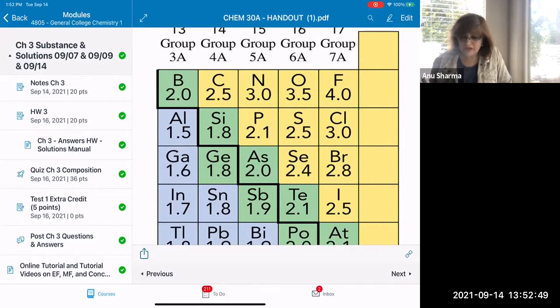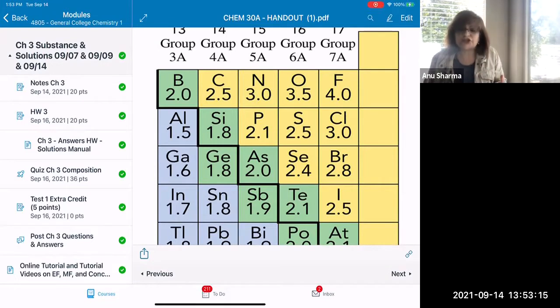Carbon is 2.5, nitrogen is 3.0, it's increasing. Oxygen is 3.5, it's increasing, and fluorine is 4.0, it's increasing. So as you move from left to right, it's increasing. Now between chlorine and oxygen, you can just look at these numbers. When chlorine combines with oxygen, its capability to make more bonds comes out.